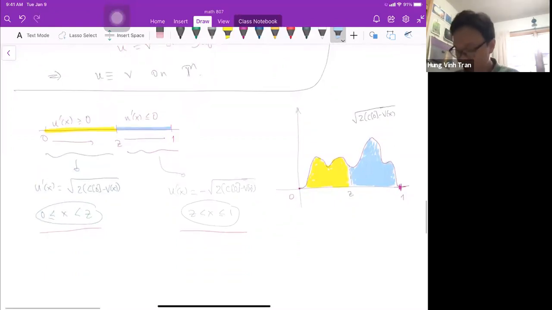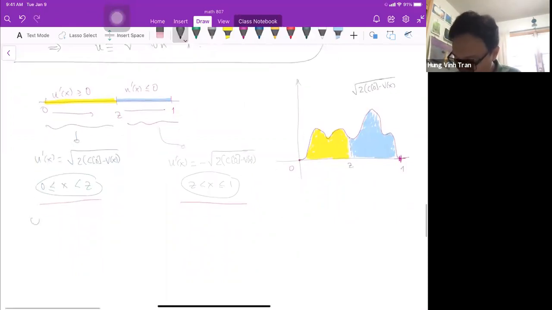So what I want to show you is that, clearly, we have 1/2 u prime of x squared plus v of x equal to c naught almost everywhere.